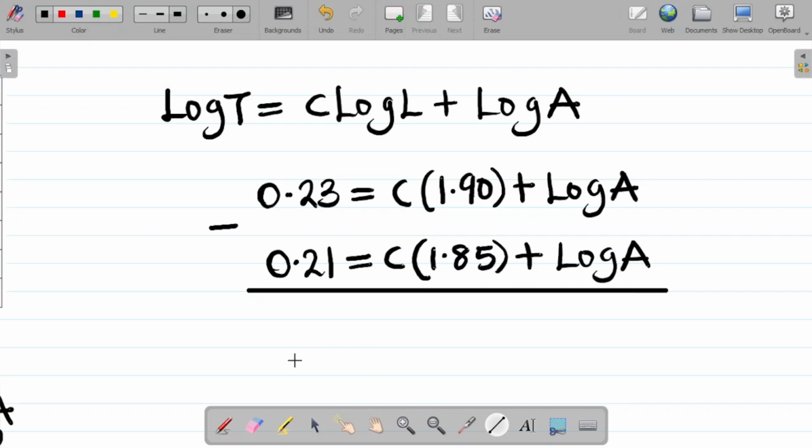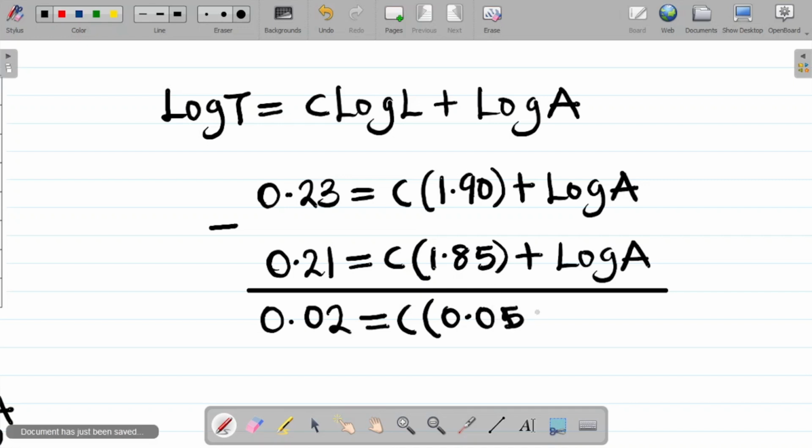If I subtract both equations, what do I have? Firstly, 0.23 minus 0.21 is about 0.02, is equal to, bring down the C, subtract the numbers in brackets, 1.90 minus 1.85, which is about 0.05.